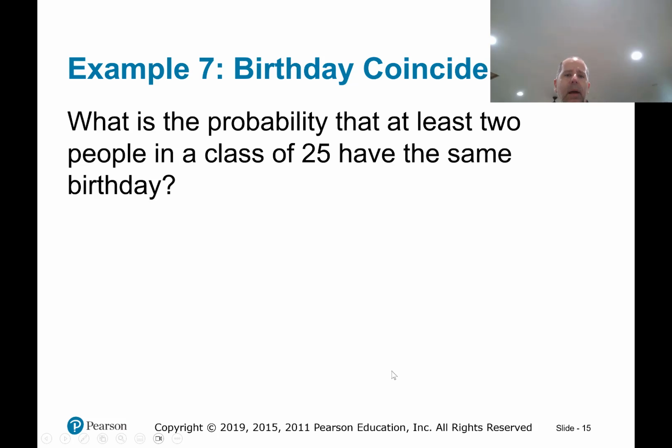So let's look at the probability that at least 2 people in a class of 25 have the same birthday, right? So we have a class of 25 students, and we want to know, what's the probability that at least 2 of the 25 students have the same birthday?